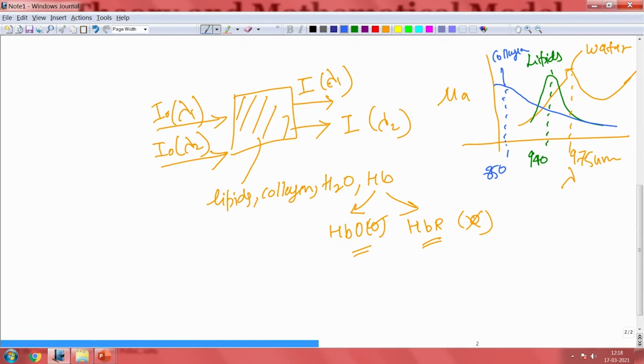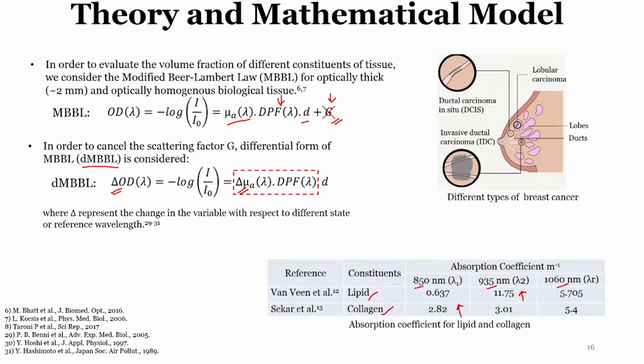So, what we have over here is two different wavelengths, lambda 1 and lambda 2, and we detect lambda 1 and lambda 2 light from here. Now, let us go to our slideshow. Okay, so this is what we are doing right now.